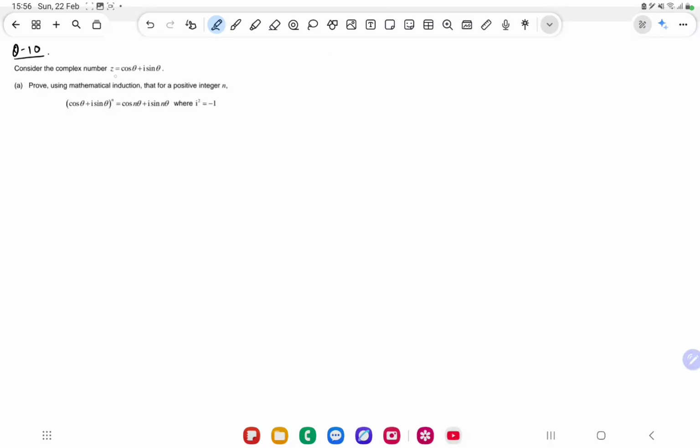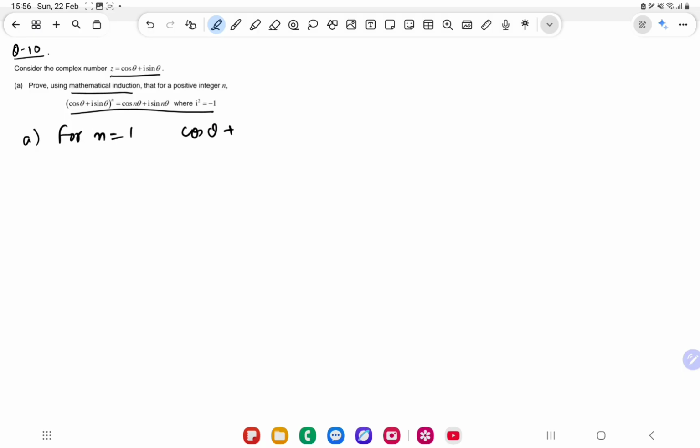In this question we are given the complex number cos theta plus i sin theta, and we have to prove using induction that for a positive integer n, this holds. So let's start. Since we have to do mathematical induction, we start with n equals 1.